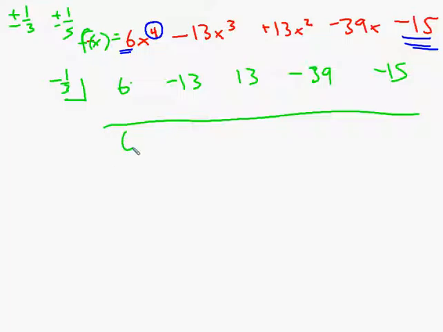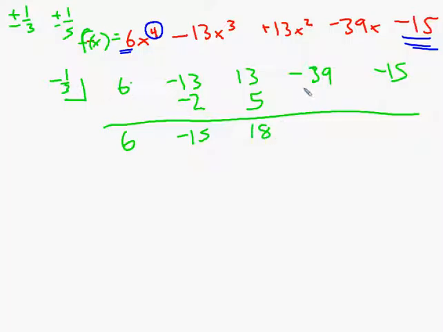So we have 6. What's 1/3 times 6? Add down, negative 15. What's negative 1/3 times 15? Positive 5. And negative times negative, positive. Add down, I get 18. You could have a bunch of fractions in here, that's possible.